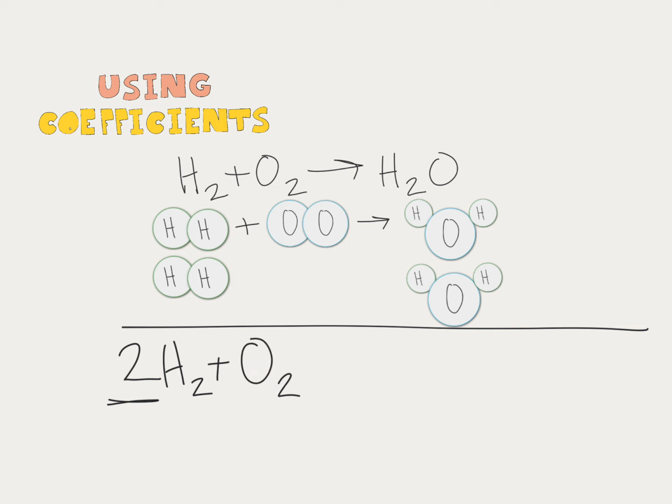So instead of writing a 1, they were lazy and just left the 1 out. And they used 2 H2O molecules, so that one had a coefficient of 2 in front of the H2O. So the way this chemical equation, completely balanced, would read is 2 H2 plus O2 yields 2 H2O.